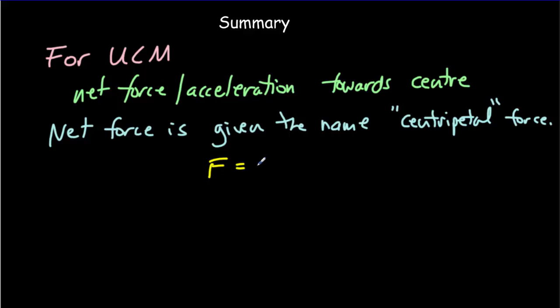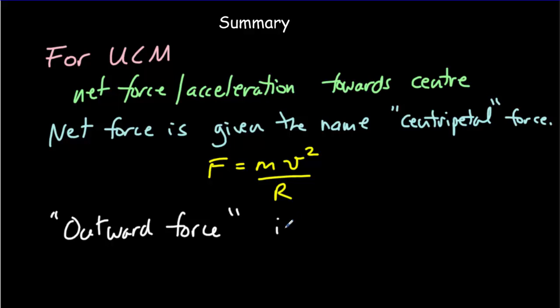That centripetal force will be given by the mass of the object times the speed squared over the radius of that circular motion. Keep in mind that that so-called outward force is just inertia. Because it's not a force, we don't consider it for analysis. We always look at what's real when we want to do analysis.